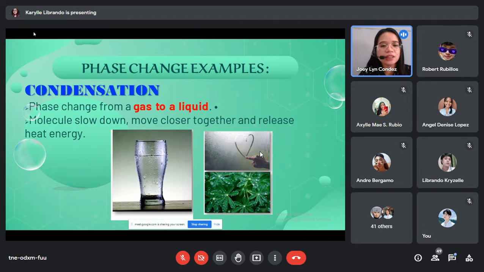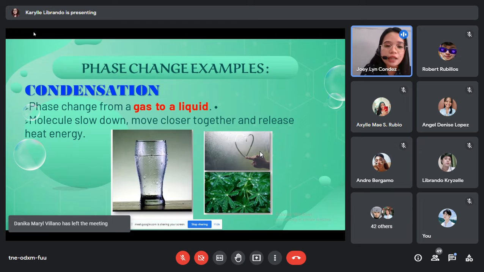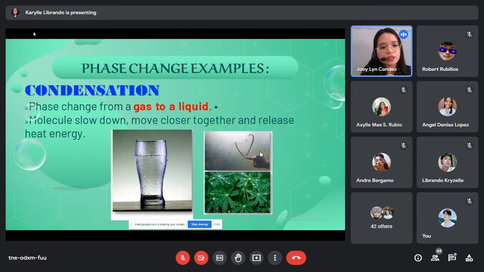Okay, anyone? Let's start with the first picture. Why is there moisture on the glass, like water drops on the glass? Where do they come from? For example, you place cold water in the glass and then you put the glass in your room at room temperature.